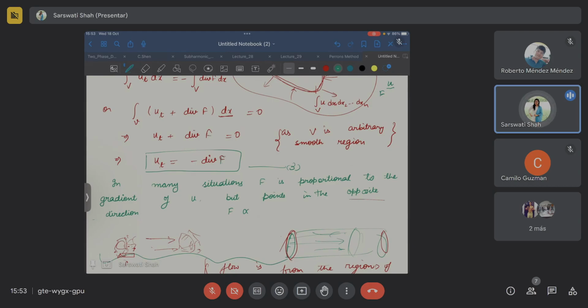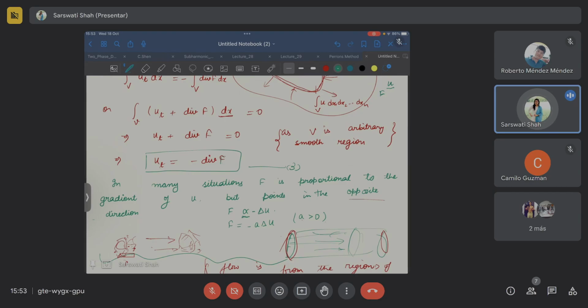Since we are saying that it is moving in the opposite direction, when you remove the proportionality, a minus sign will come, and some constant a will come, and for the sake of convenience, without loss of generality, you can take a greater than 0.